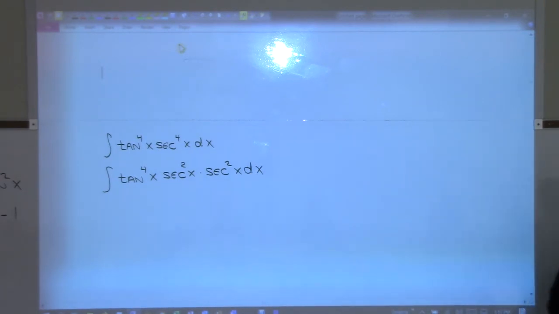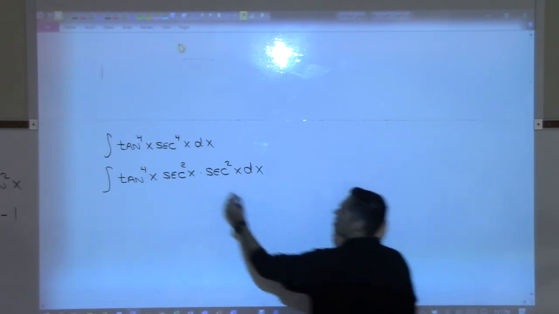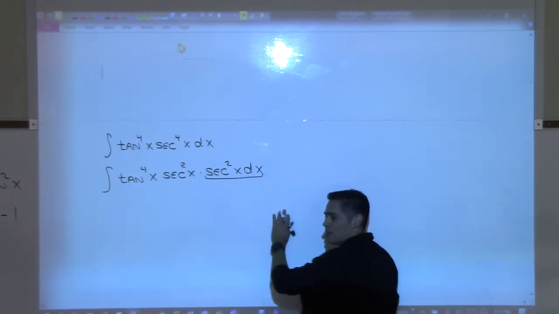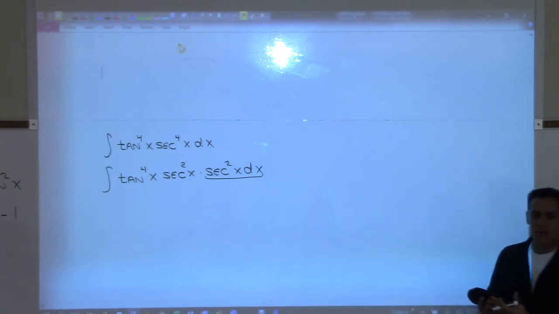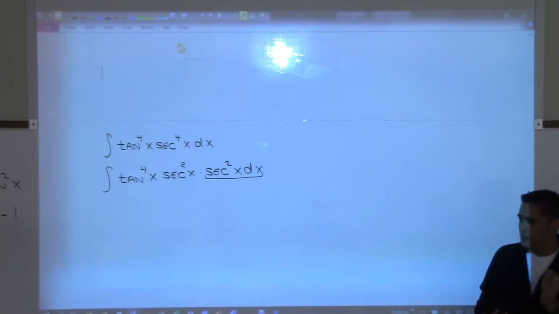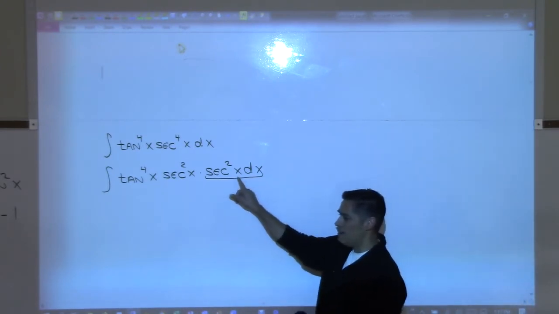And now, just as before, the thing that we factored out should be the part that's going to be the du in the substitution. So this right here should be our du. Do y'all see that? Which means u would have to be what? What substitution would we have to make for u here? Tangent, right? Because the derivative of tangent of x would be this, right?